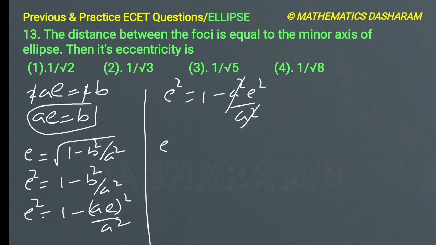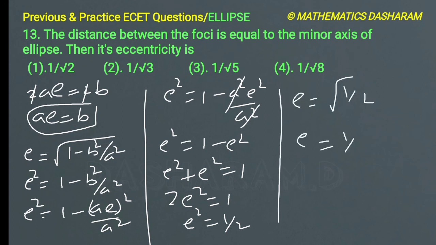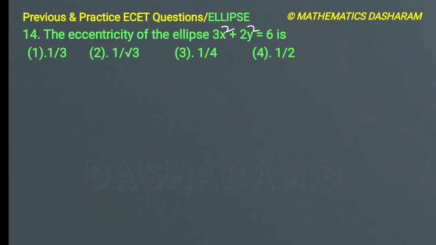Here both are cancelled. e square equals 1 minus e square. e square plus e square equals 1. 2e square equals 1. e square equals 1 by 2. Then e equals under root 1 by 2. Then e equals 1 by root 2. Option 1 is correct.